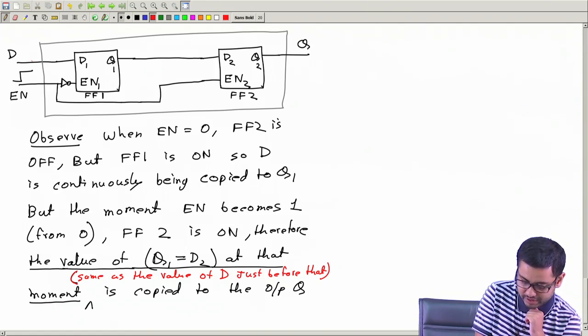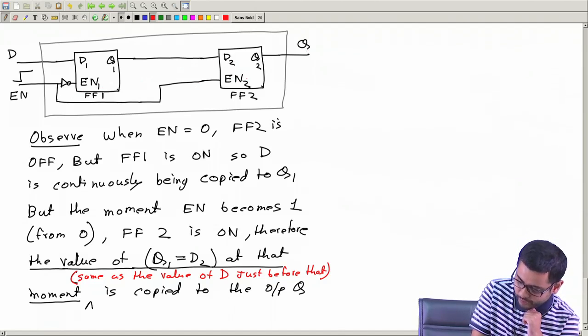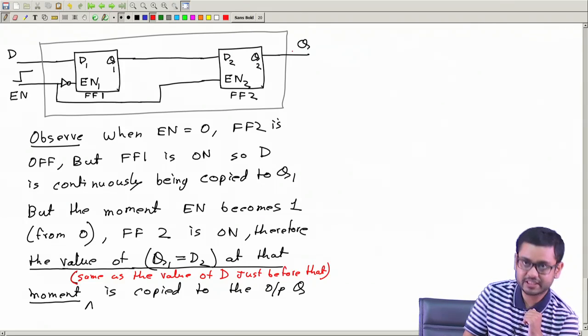Because D was being copied from here to here, this was on, D was coming from here to here, and it was getting stored temporarily here. The second one was not transparent. So the second one was holding the previous value, but the moment the second one is turned on, the last value of D goes through D2 to Q2. Okay, this is how it works.